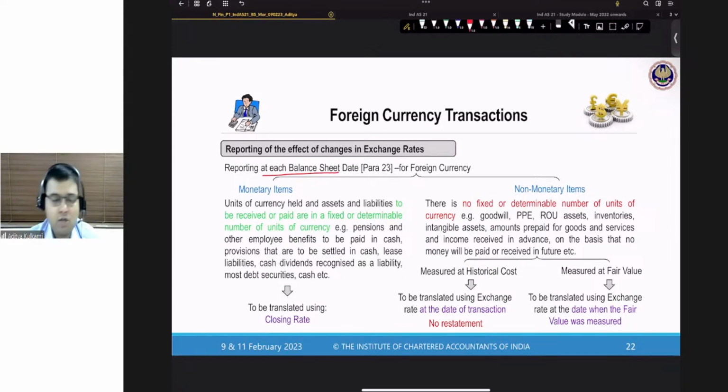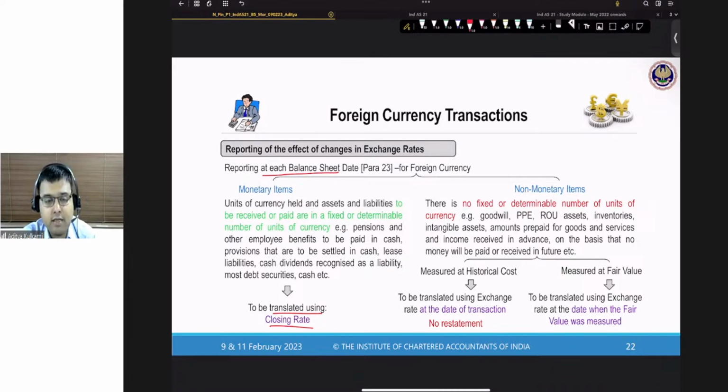Monetary items, you will have to translate using the closing rate. Monetary items means items which are convertible into known amounts of cash, for example debtors, creditors, loans. All these are monetary items, so you will have to convert them using the closing rate.